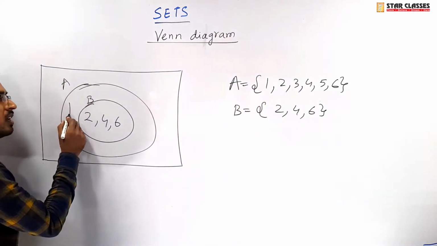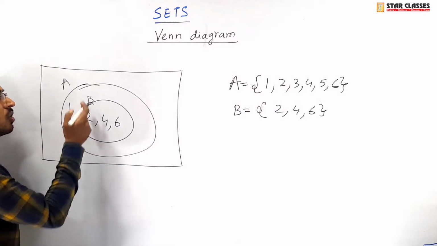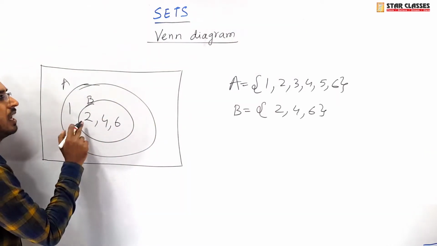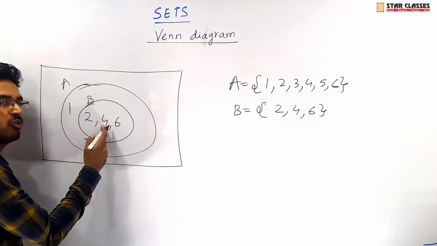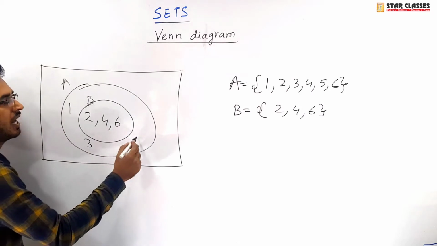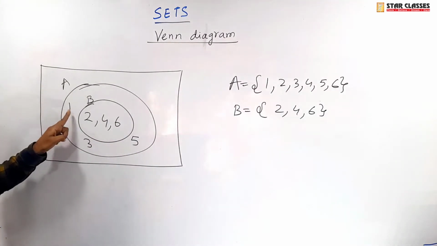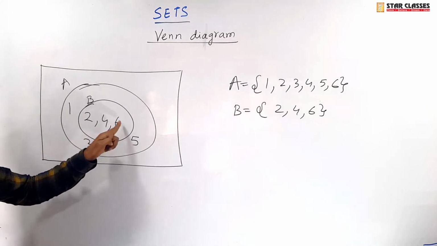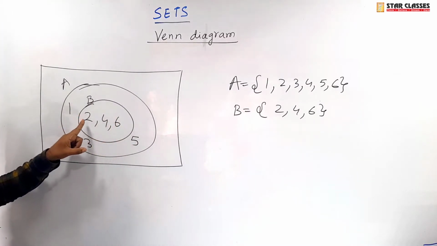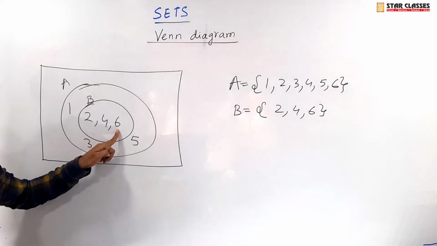So I can write 1. I will not write 2 because 2 is already inside B. I'll write 3. I cannot write 4 because it is already inside B, and I'll write 5. So you can see that set A has 1, 2, 3, 4, 5, 6 in it, while set B has only 2, 4, 6 in it.